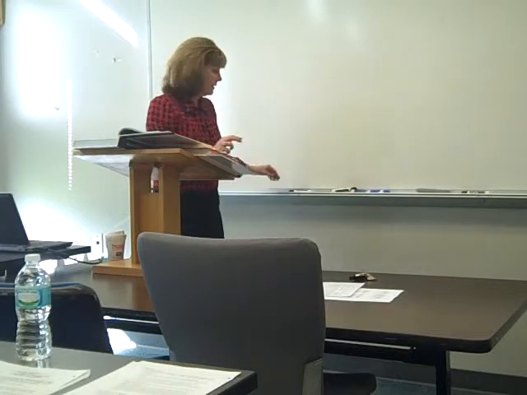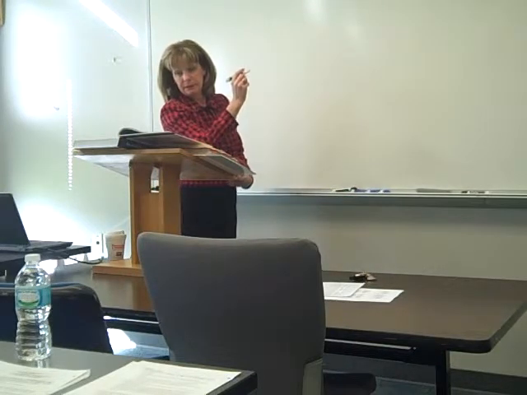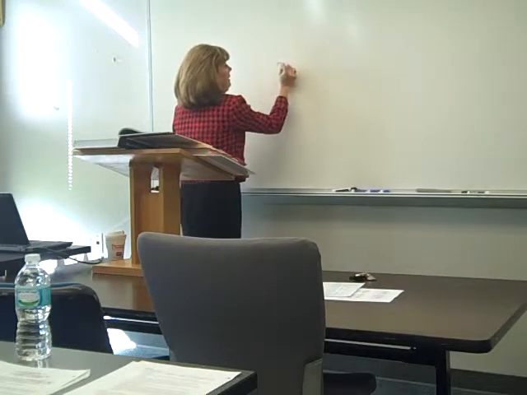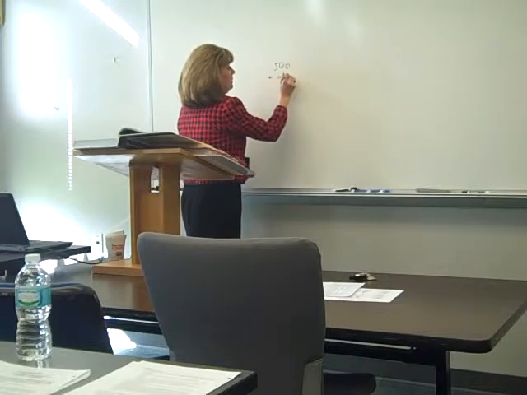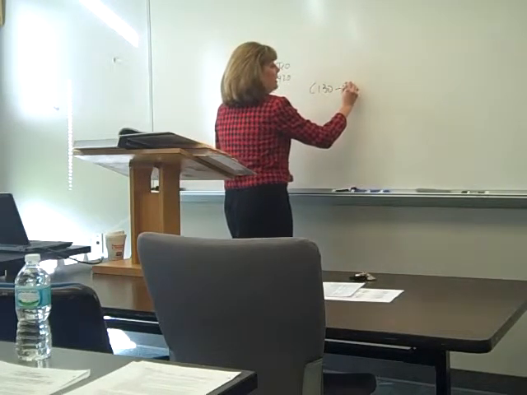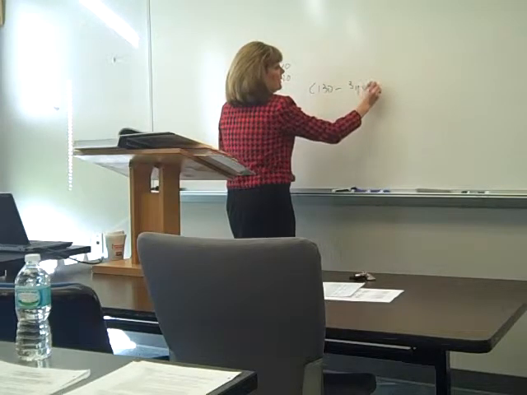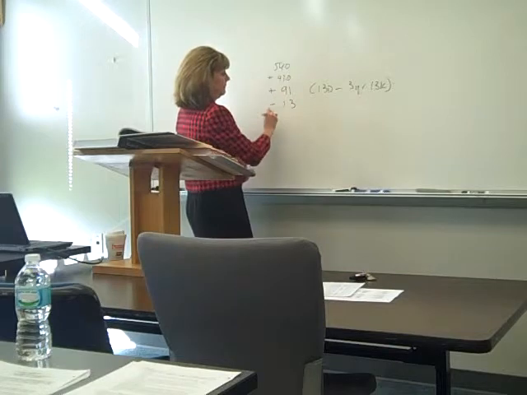The difference is that when you do it on the worksheet, it's 540 plus 420 plus 130 minus 3 years of 13,000, which is 91 minus 13.